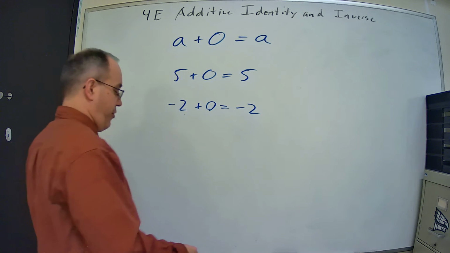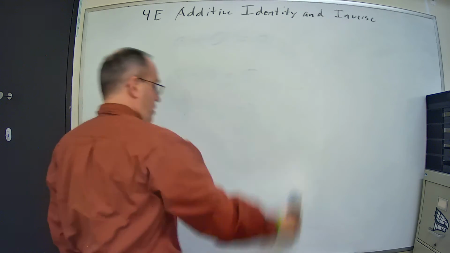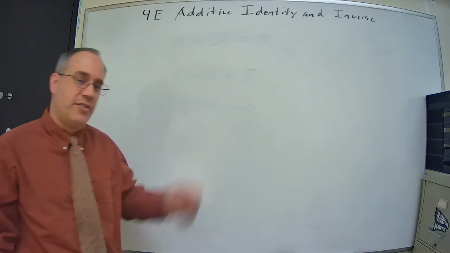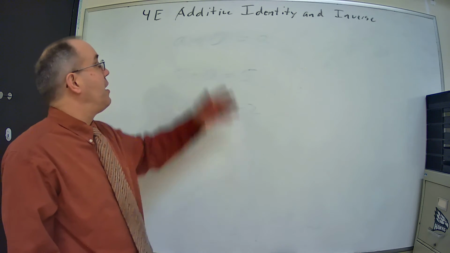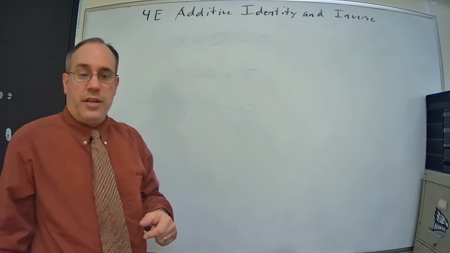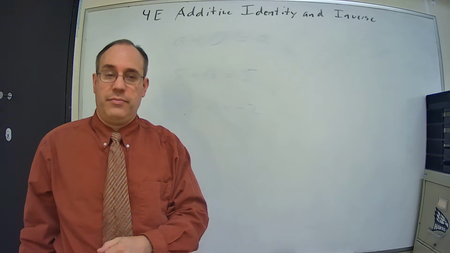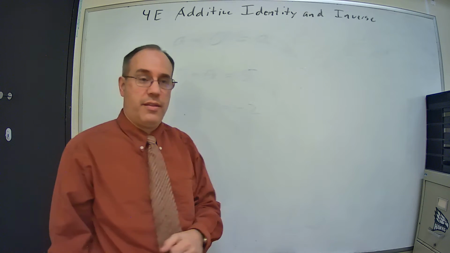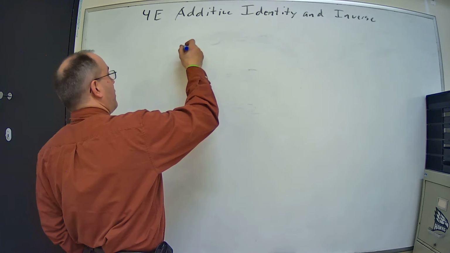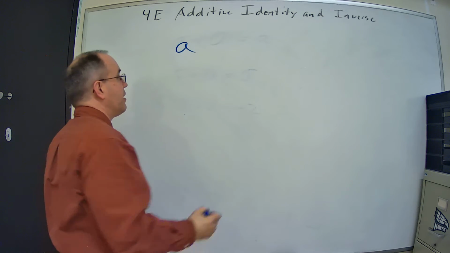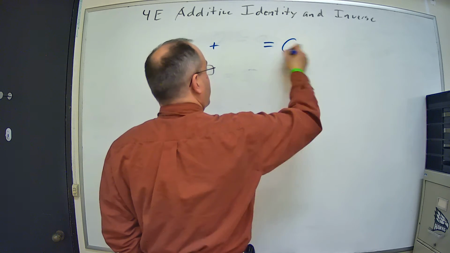Well, what about the inverse? The inverse is kind of the opposite of this. That's the inverse, right? Inverted or changed, the opposite. The additive inverse is the number that when you add it to the original number, it gives you 0. So given any number A plus its additive inverse, you will get 0.